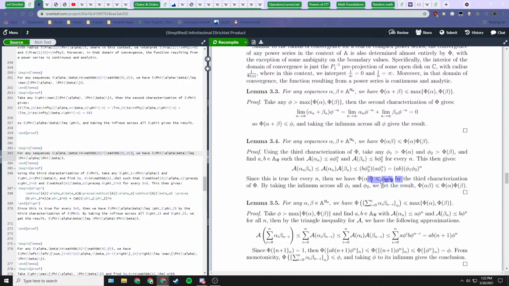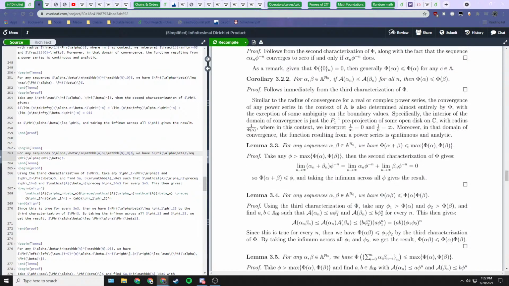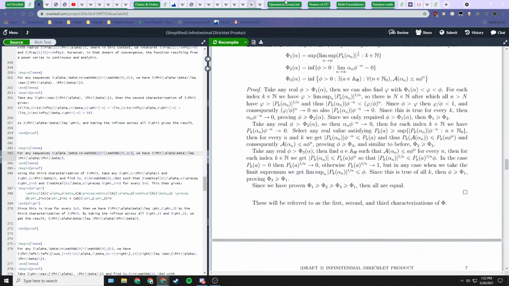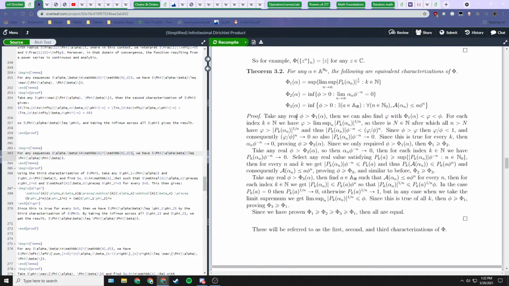We know this is less than or equal to the phi value of the product, but this might be vacuous in the case that one of them is infinite. So we actually won't know in the case of the product. In the other cases, I think it works fine. Like up here, if there's no phi greater than phi 1, then immediately phi 1 is greater than phi 2, and likewise.